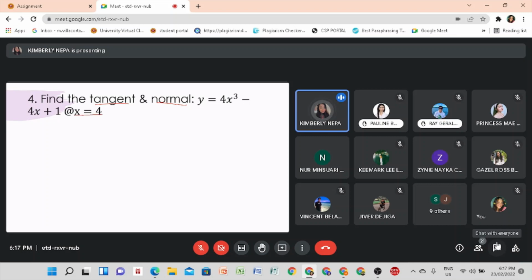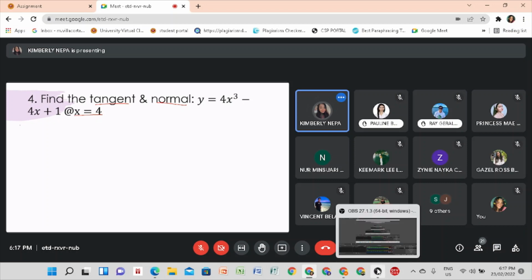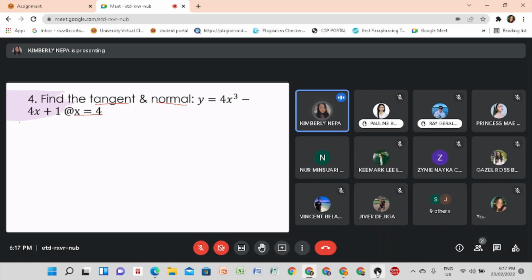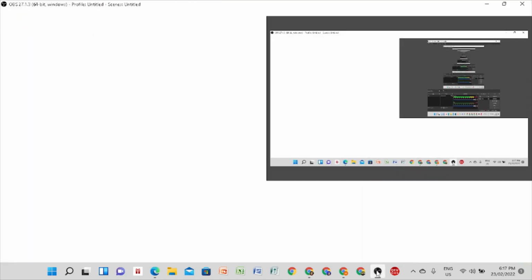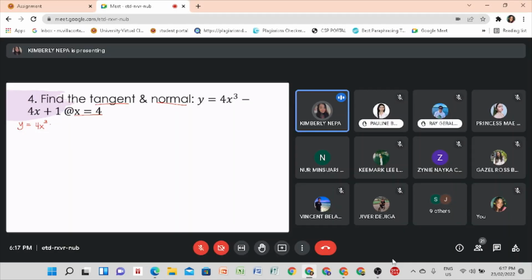So meaning to say, we need to find the value of y. We just substitute the value of x here, since this is already an explicit function.